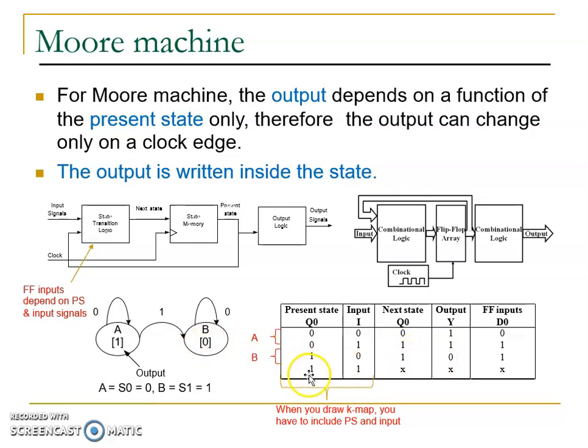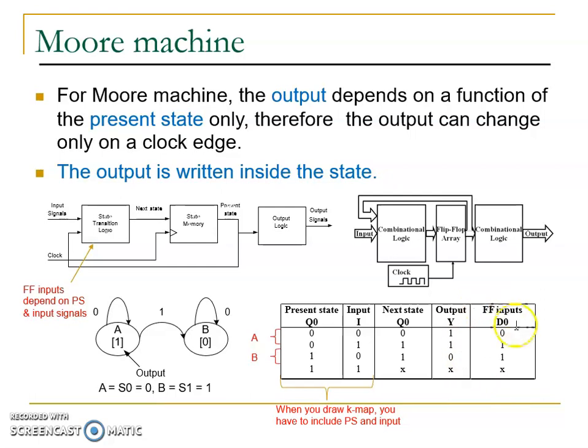Then another one is present state B, represented by bit 1, input 1. None of these arrows have input 1 for state B. So we put don't care here, don't care for next state, and output also don't care.